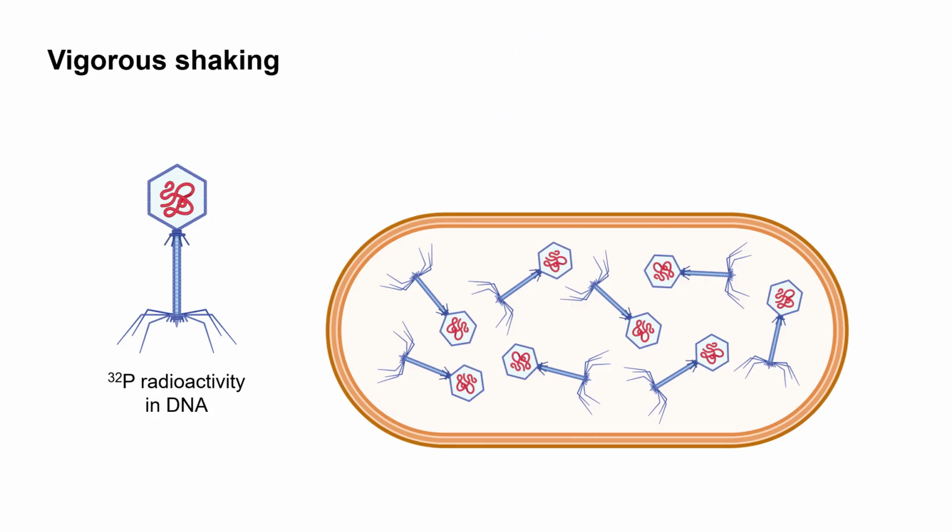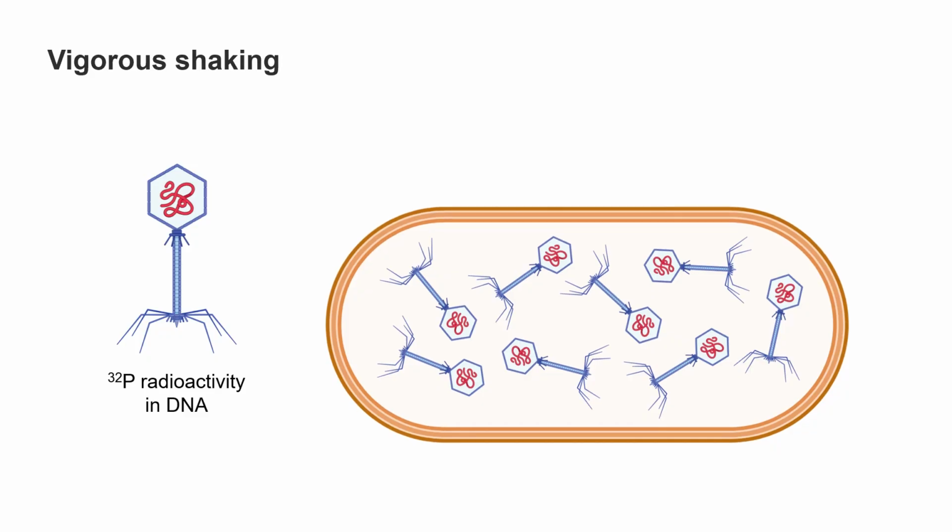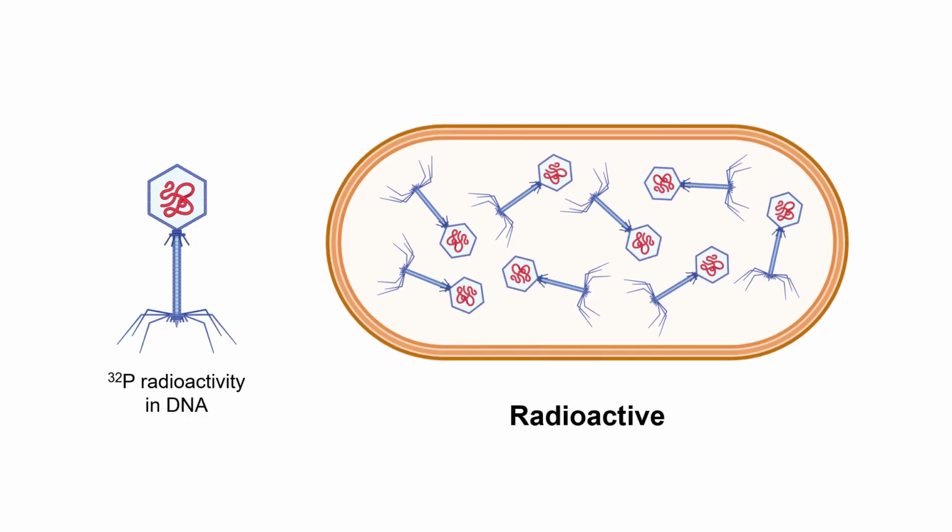After vigorous shaking to remove the original virus particles, they measured the radioactivity of newly synthesized virus particles. And they found that the new virus particles are radioactive. So this result shows that the original DNA was transferred to new virus particles. That implies that DNA is the genetic information material.